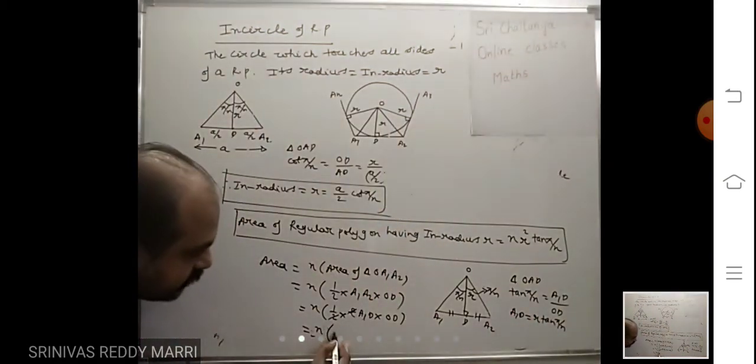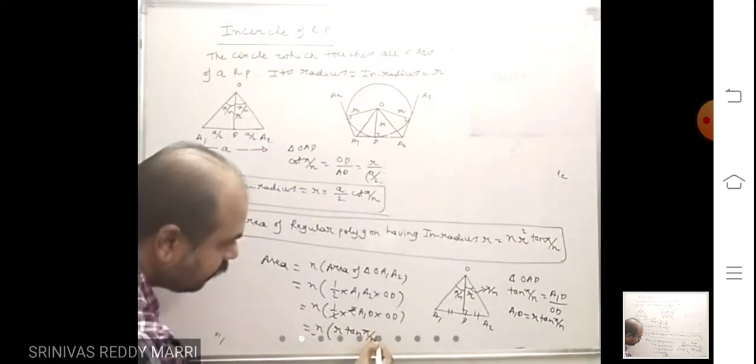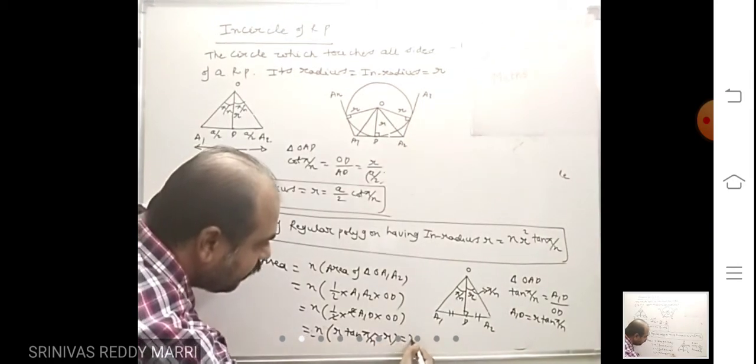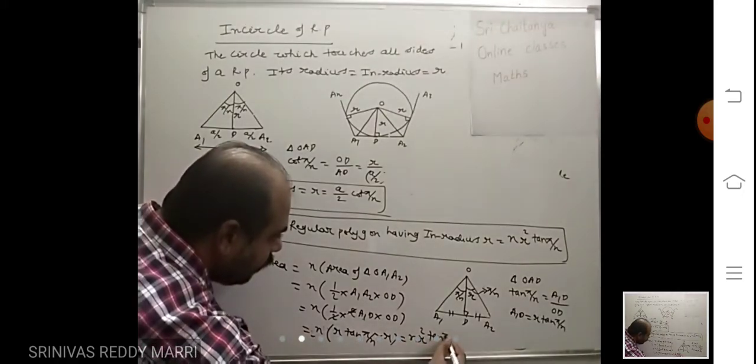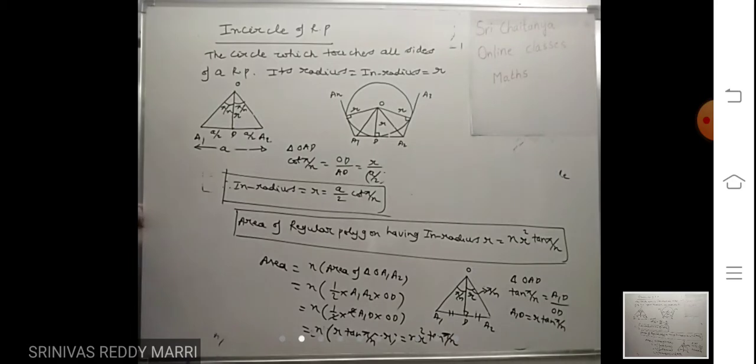Substituting here, r tan pi by n into OD, which is r. So the formula is n r square tan pi by n. Right?